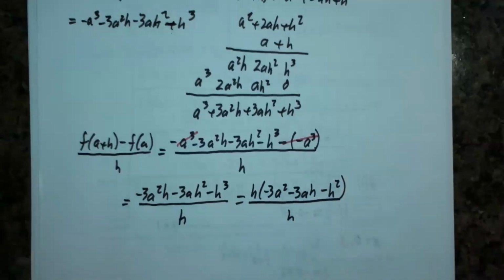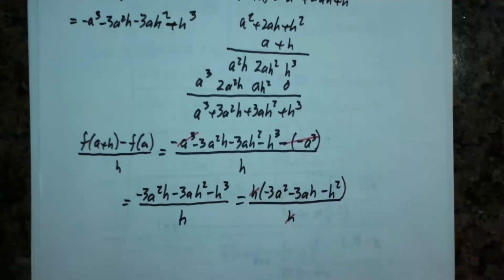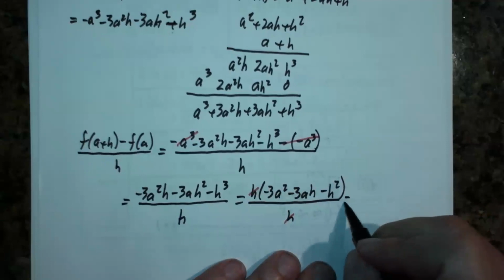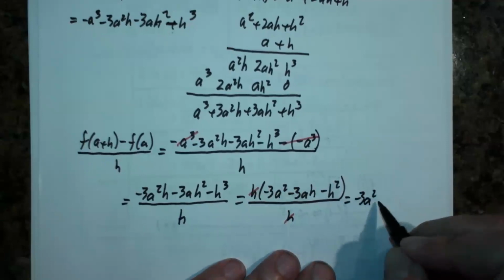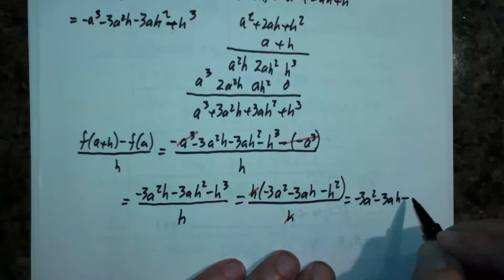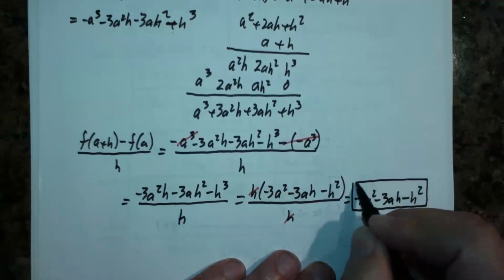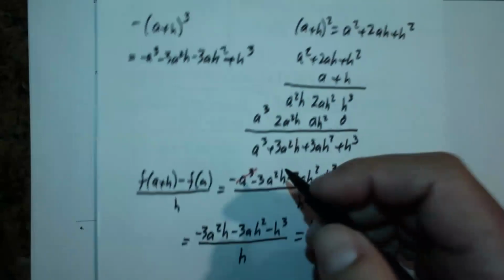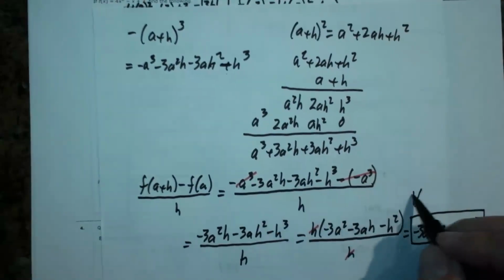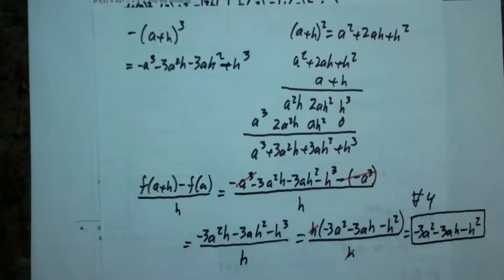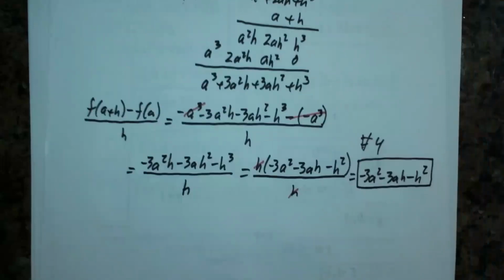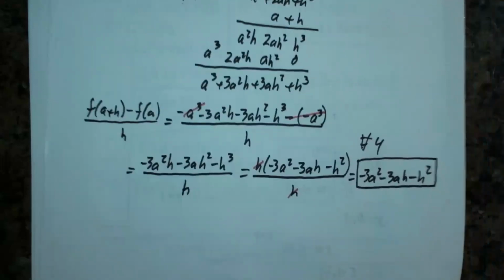Once again, you'll notice these h's reduce out. And we are left with, and this was number 4. This is number 4. There you have it. A lot of work for that one.